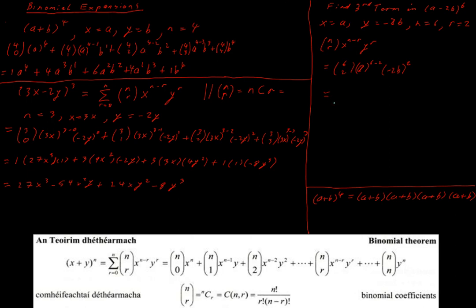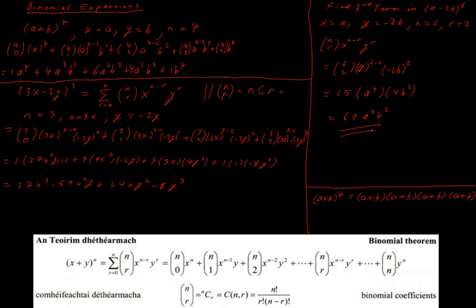And when we sub all of that in, we get 15 on a to the power of 4 on 4b squared. Multiplying our numbers and then our letters, we get 60a to the power of 4 b squared.